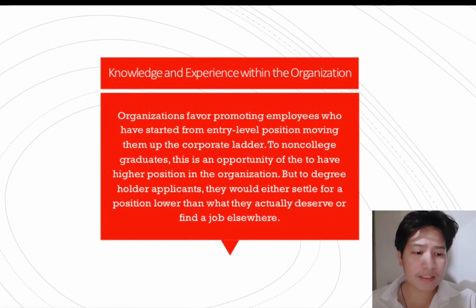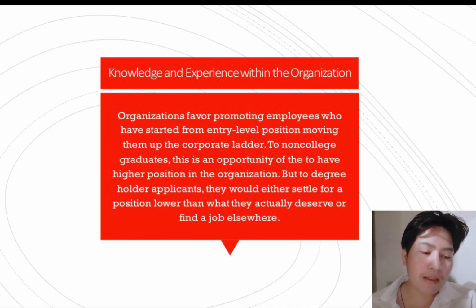Number 4 is knowledge and experience within the organization. Organizations favor promoting employees who have started from entry-level positions, moving them up the corporate ladder.